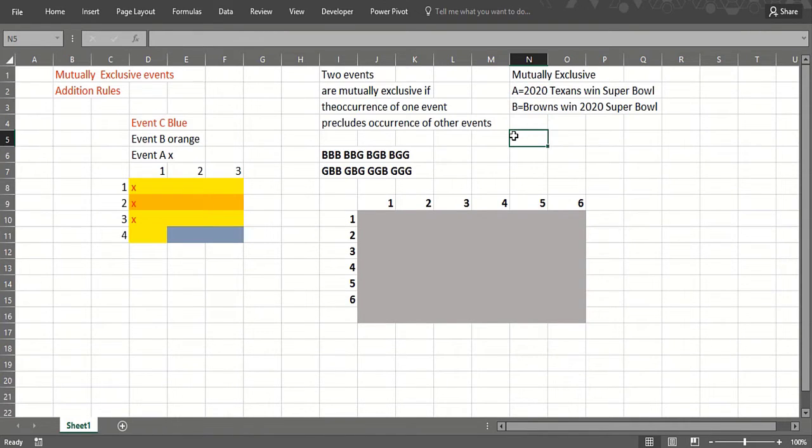Now if I look at event A, the Dow Jones goes up 20% in 2020.